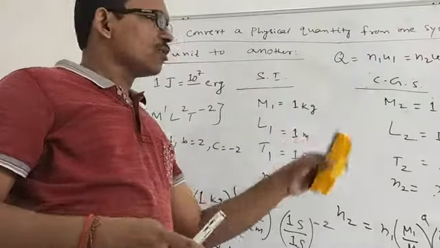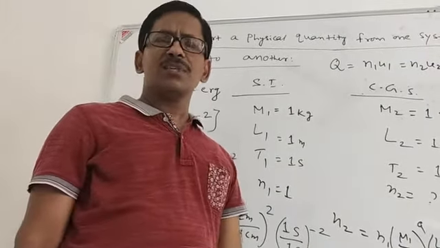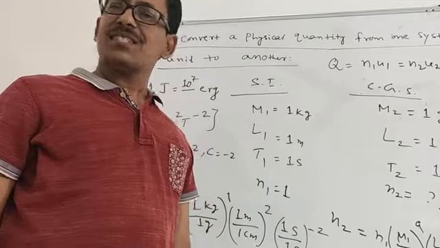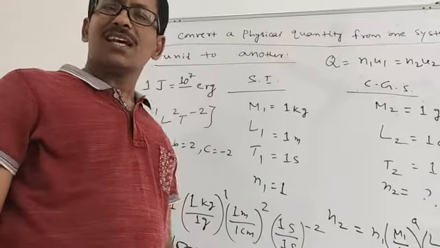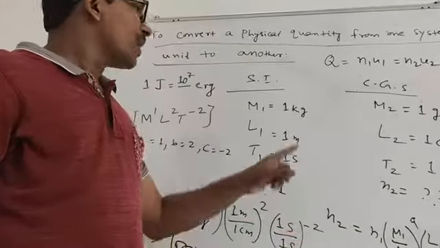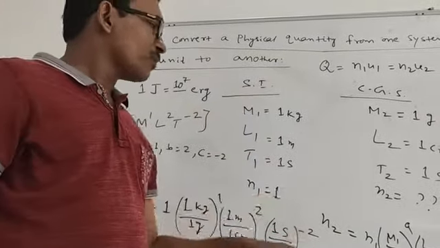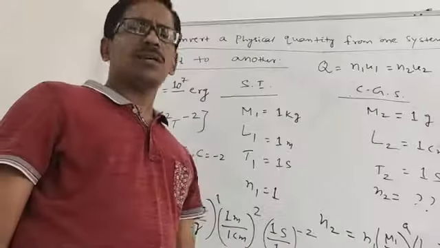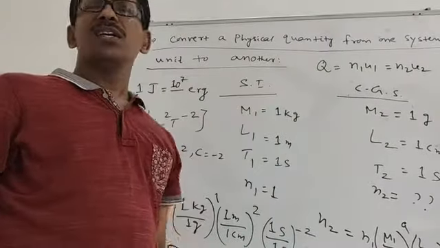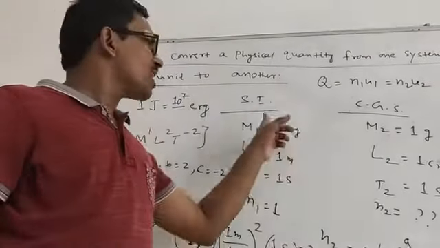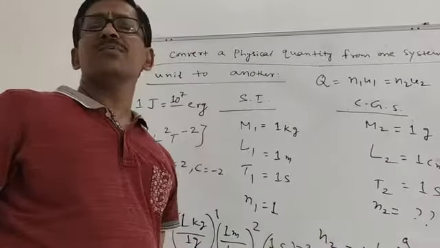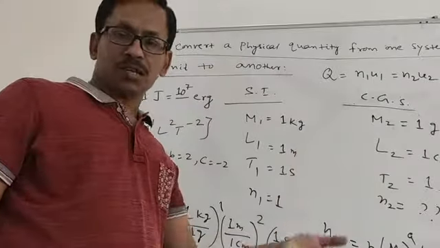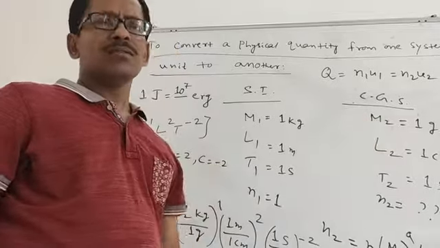So this is the procedure to convert a physical quantity from one system of units into another using dimensional analysis. What you will do? First, write the values in the first system. It may be a regular system, it may be any other system. These are the well-known systems; SI and CGS are simpler. The system may be different, it may be a new system. The values may be given haphazardly.